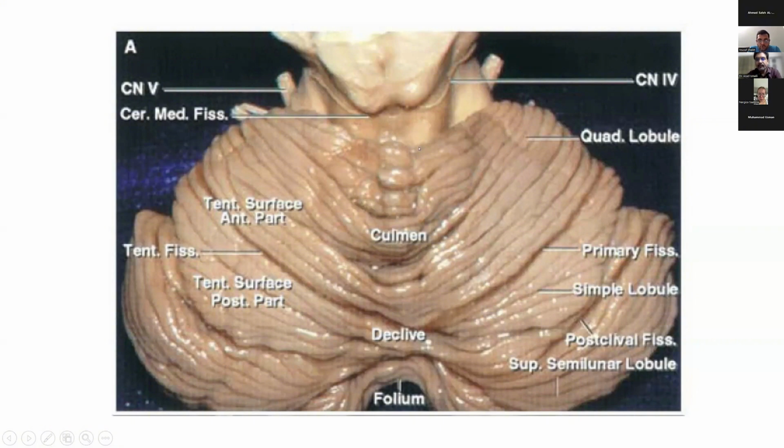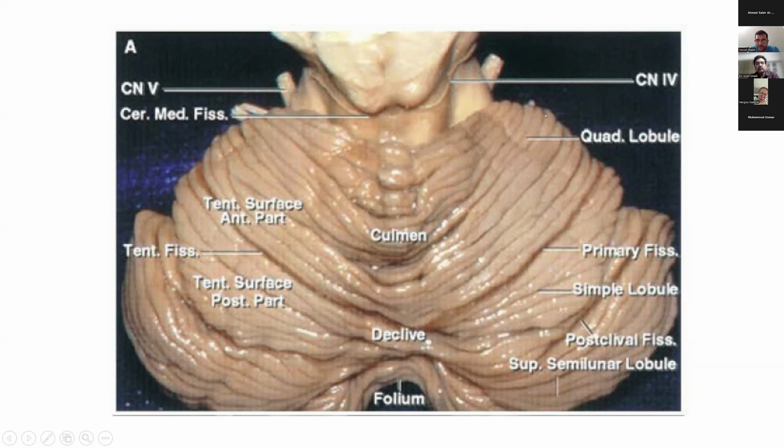Now we go on to the borders. This is the anterior and anterolateral border of the tentorial surface that separates it from the petrosal surface. This border is divided into two parts. This part is known as the anteromedial border, and laterally, this part is known as the anterolateral border.